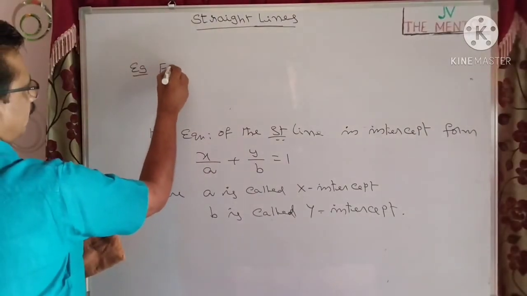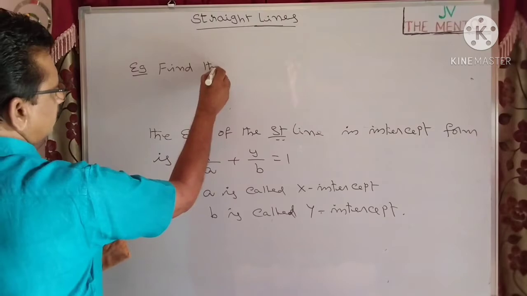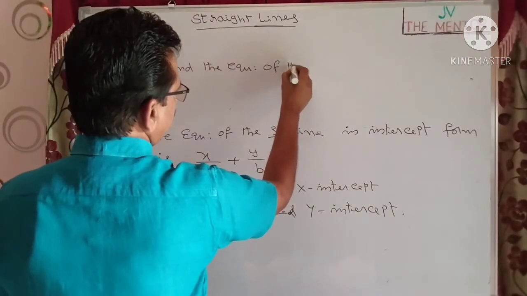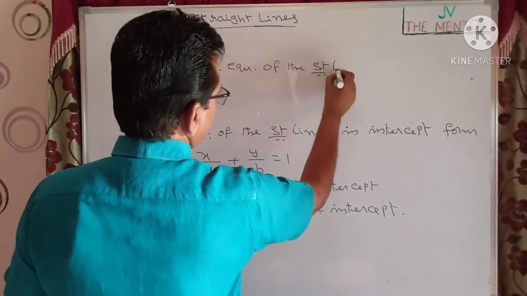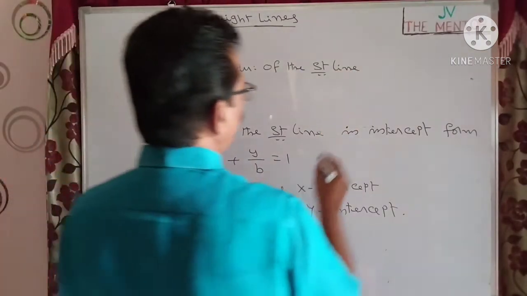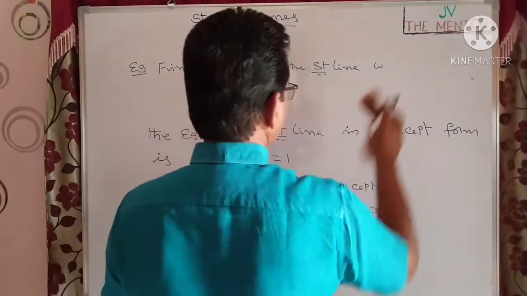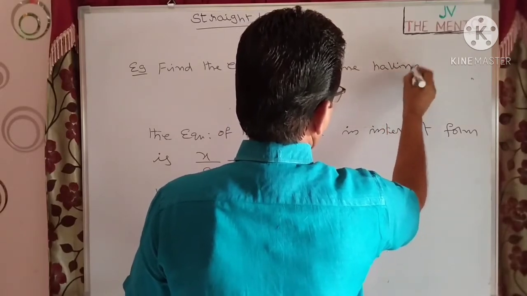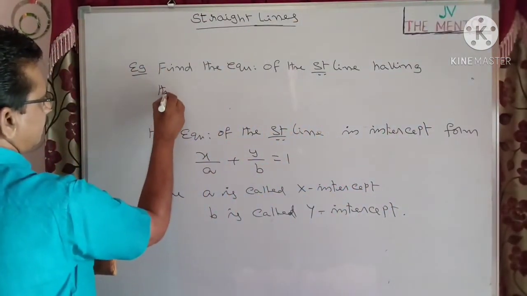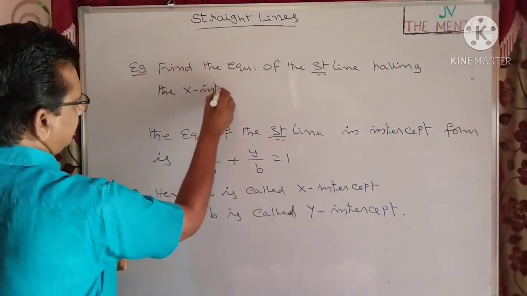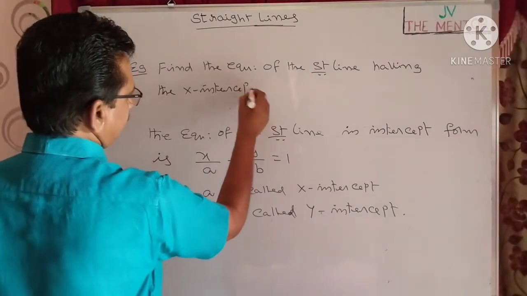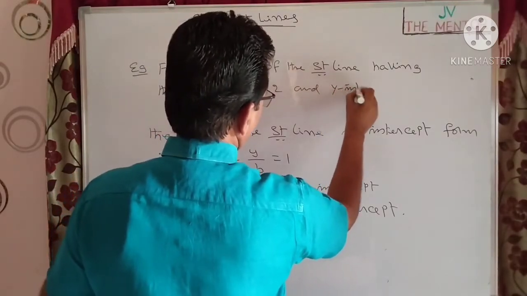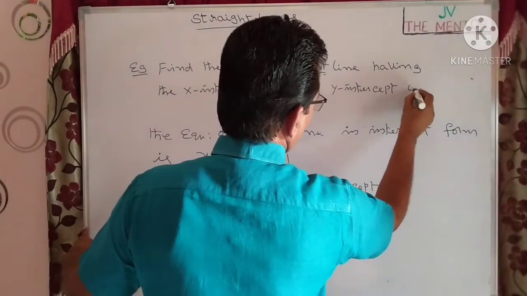Find the equation of the straight line having the x-intercept 2 and y-intercept 4.